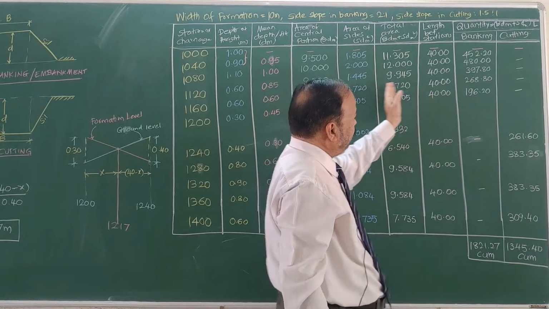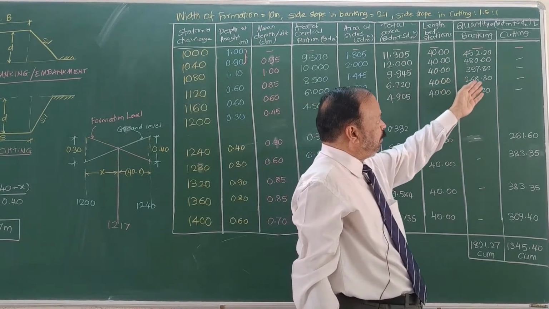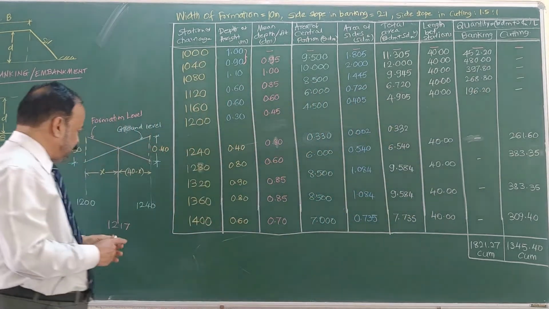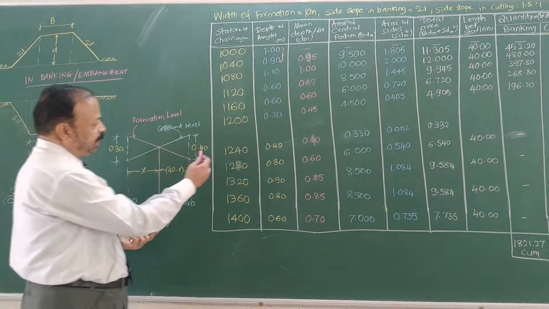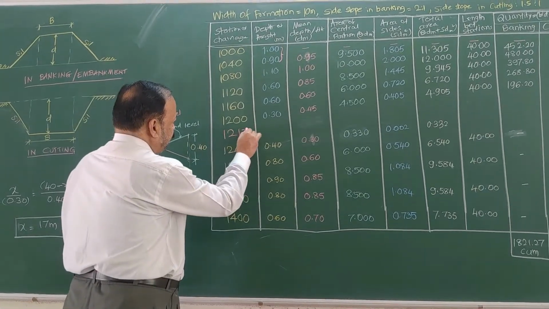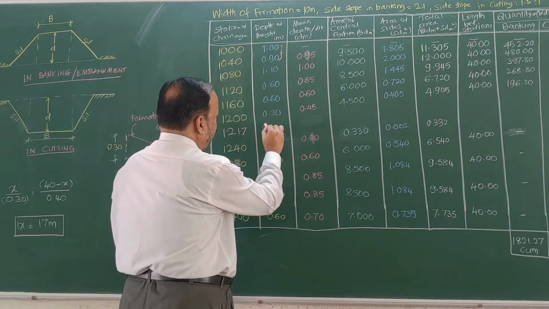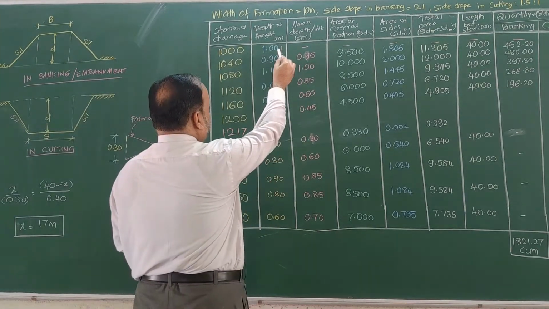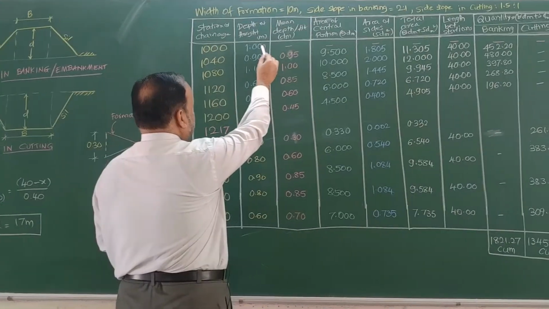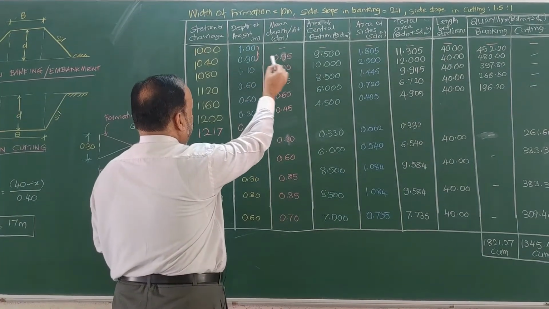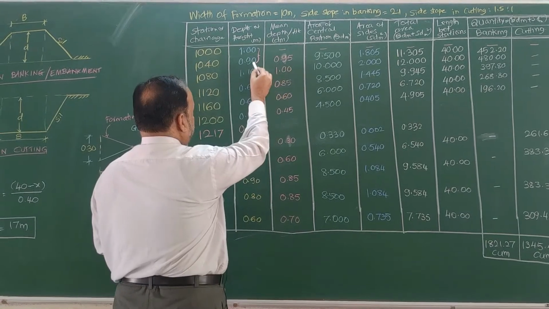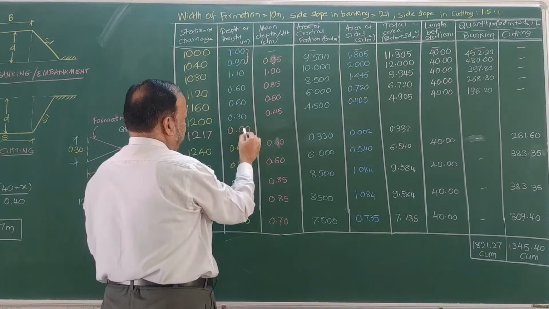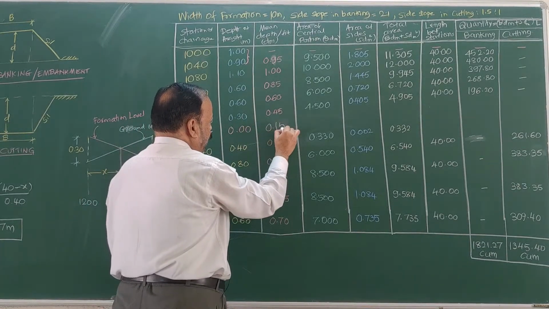Then if the quantity is in banking, enter in the banking column, if it is in cutting, enter in the cutting column. So you can notice that at 1217 the depth of banking or cutting is 0. Then for mean depth you have to take the average of two successive values, that is 0.95, then the average of these two is 1 meter, like that the average of these two is 0.15.